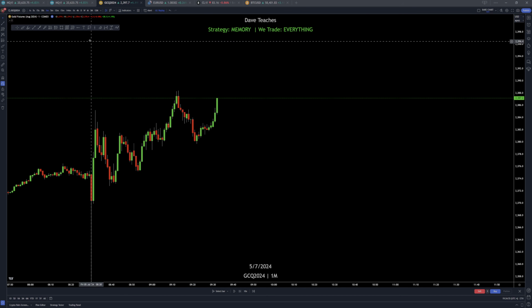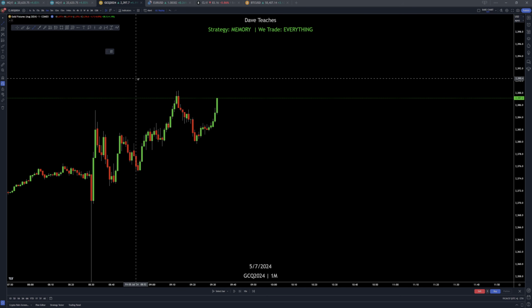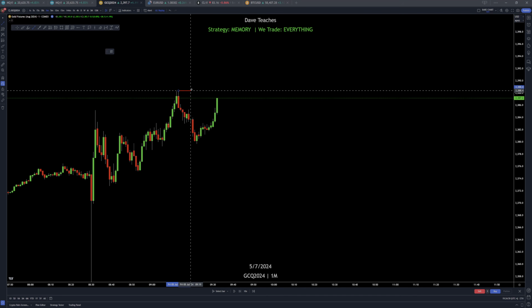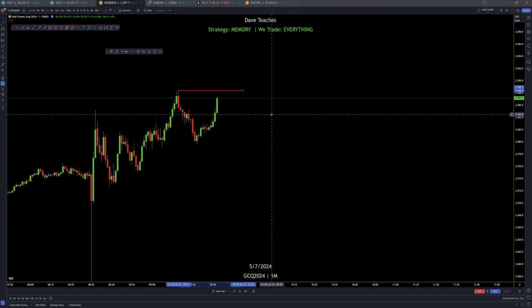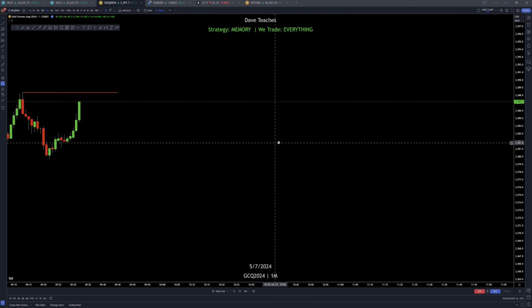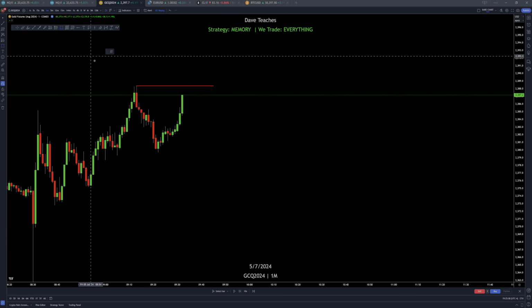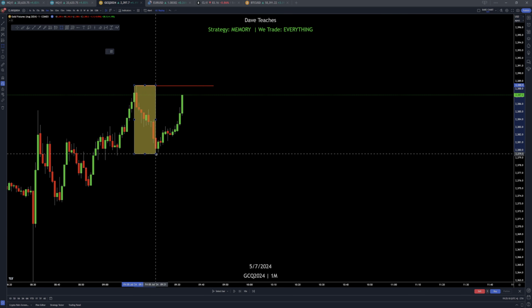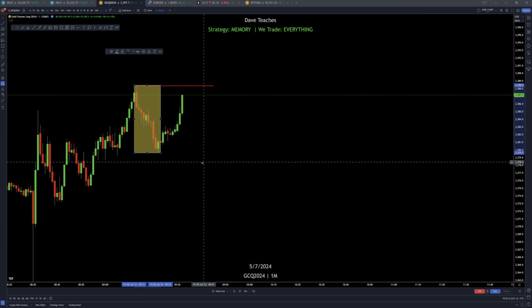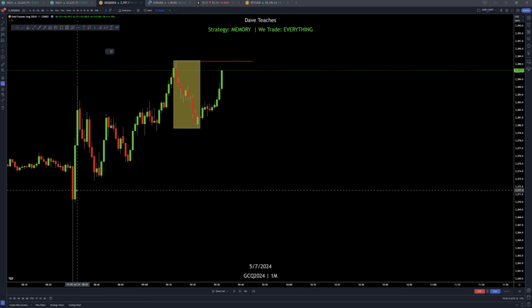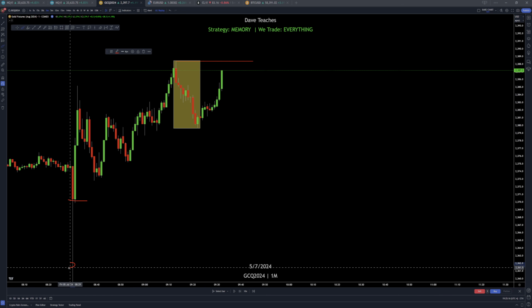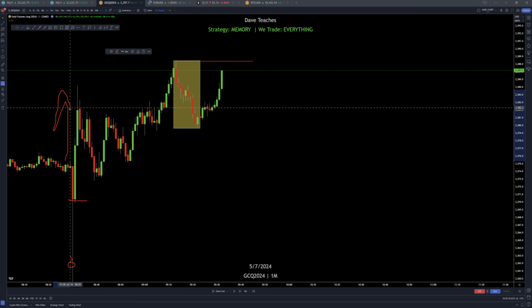We have gold here, right? This is gold on the 1 minute. And what we see, and this is something that I was observing prior to market close on Friday, is gold trending higher, right? We see gold put in this low, with this wick here, and we moved higher, back up into the range.